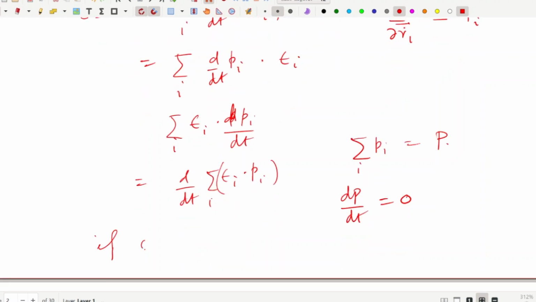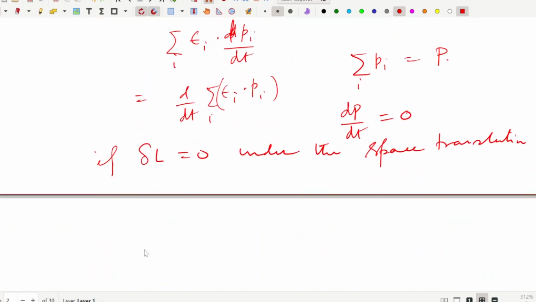If delta L is 0 under the space translation, because we want the variation of the Lagrangian to be zero, then from there we find that the total momentum of the system will be conserved.